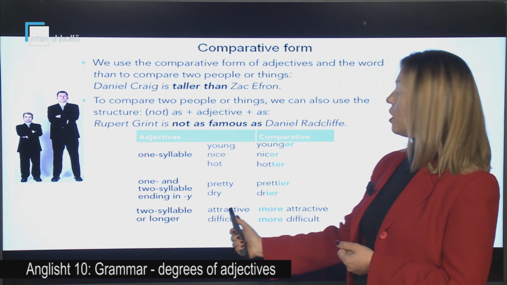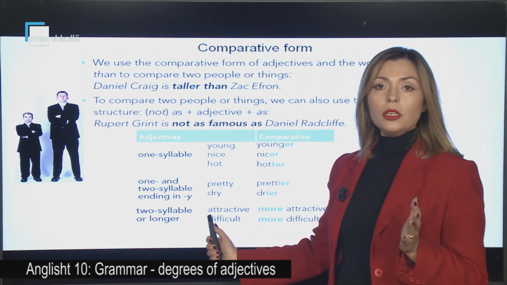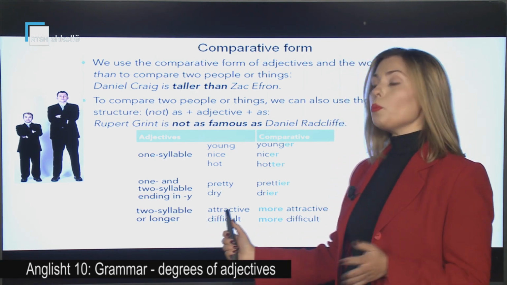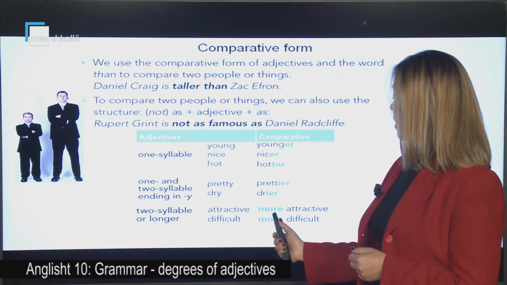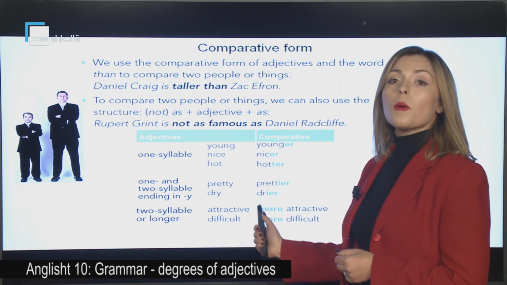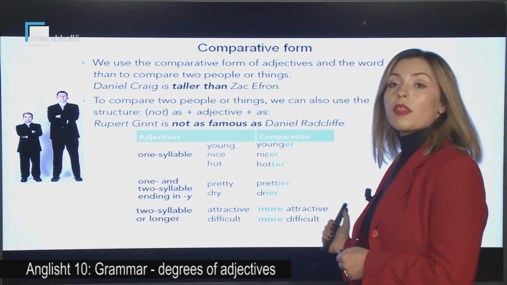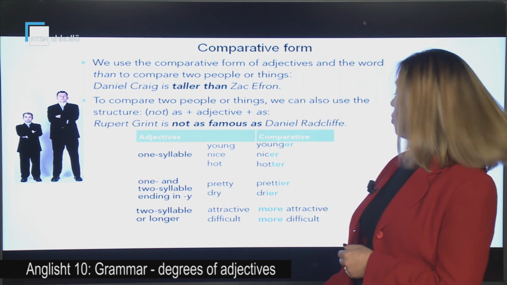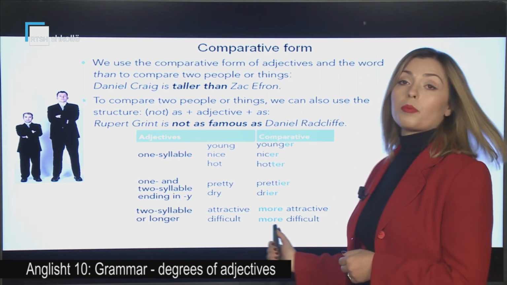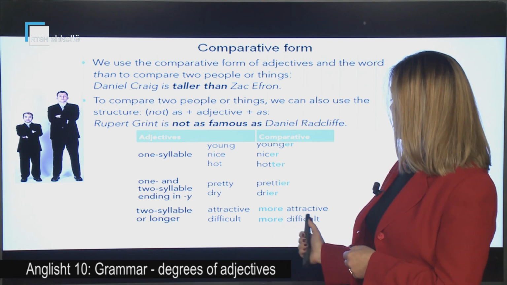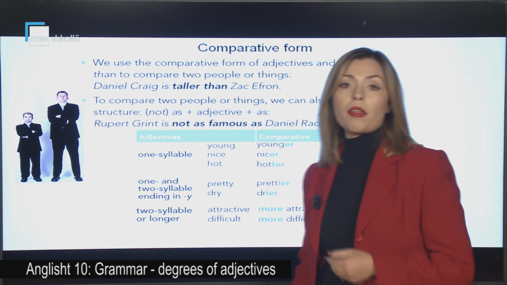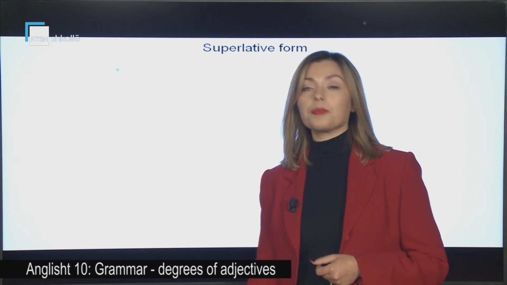So we say attractive is one person. If we want to compare two people, we say that someone is more attractive than someone else. Or, this problem is more difficult than the other problem, for example.